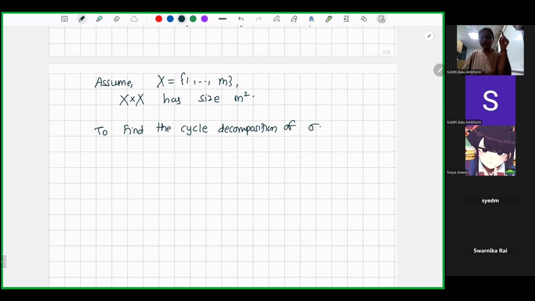And note that the diagonal entries are all 1,1, 2,2, 3,3, and so on.